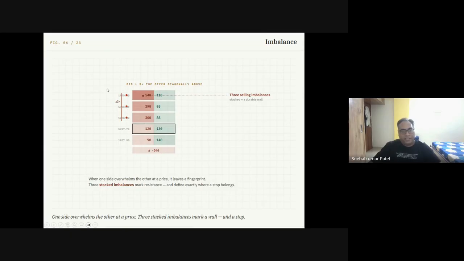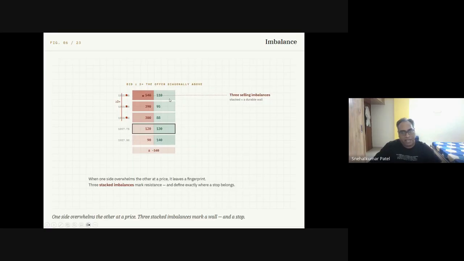As I mentioned earlier, the imbalance is nothing but a difference between the number of buyers and sellers at different prices. Let's say in this particular example, 1937.50 and 1937.75. These are various prices, and at each price there are a number of buyers and sellers. When a market order comes, it executes against these limit orders, and that's how the price keeps moving.